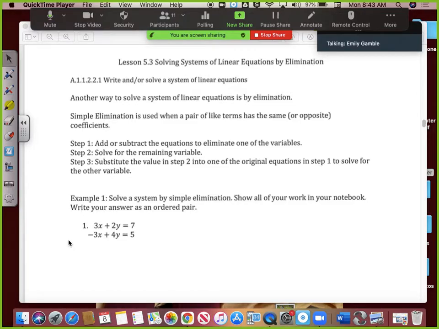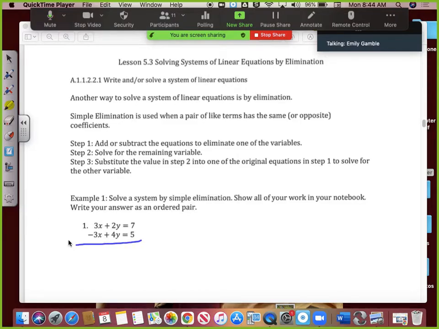So then there's a third method called elimination. What elimination does is it takes two equations, and you can either add them or subtract them to cancel out variables. In this problem, I see 3x plus 2y equals 7 and negative 3x plus 4y equals 5.